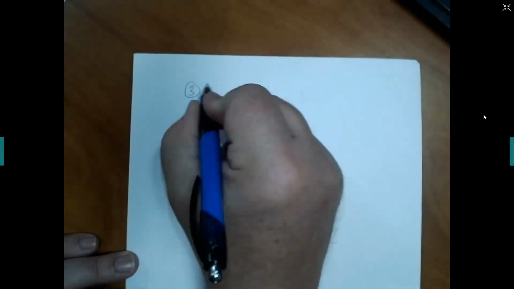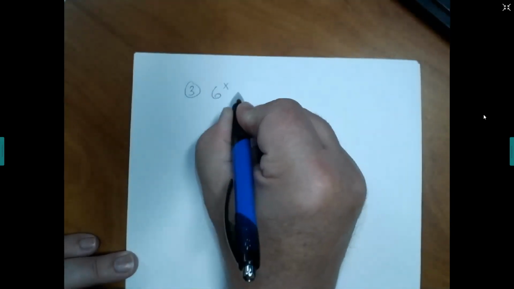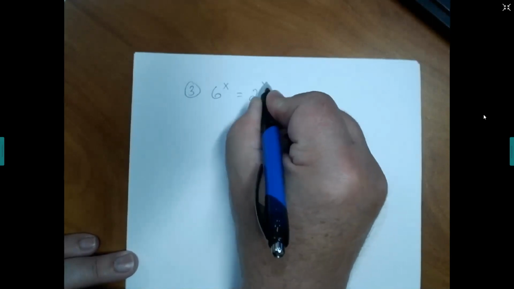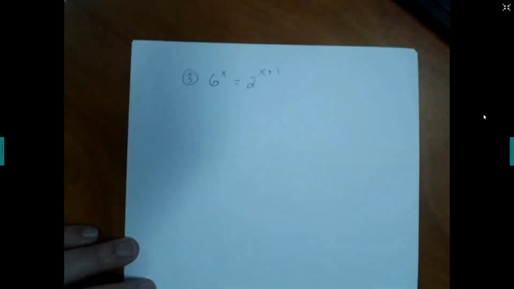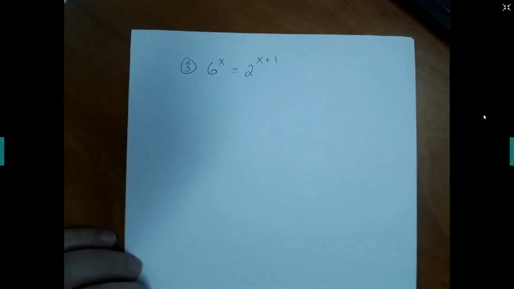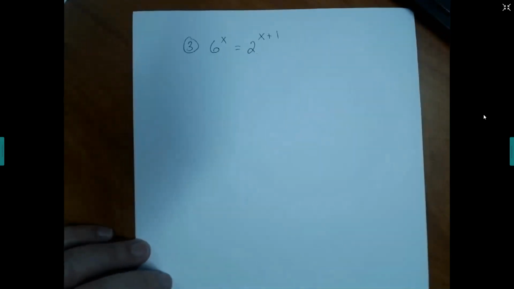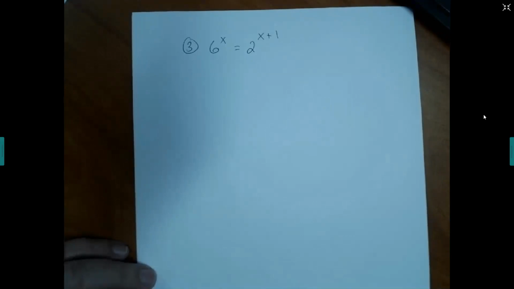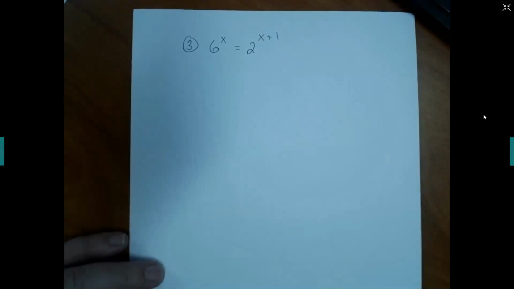Number 3, 6 to the power x is equal to 2 to the power x plus 1. Can we make them the same base?